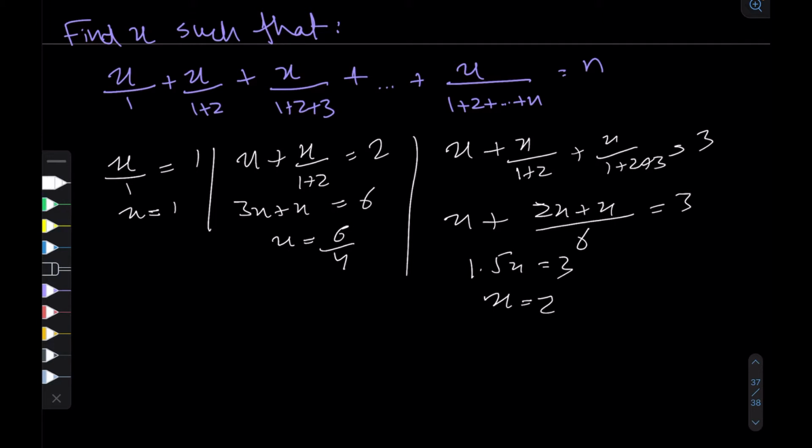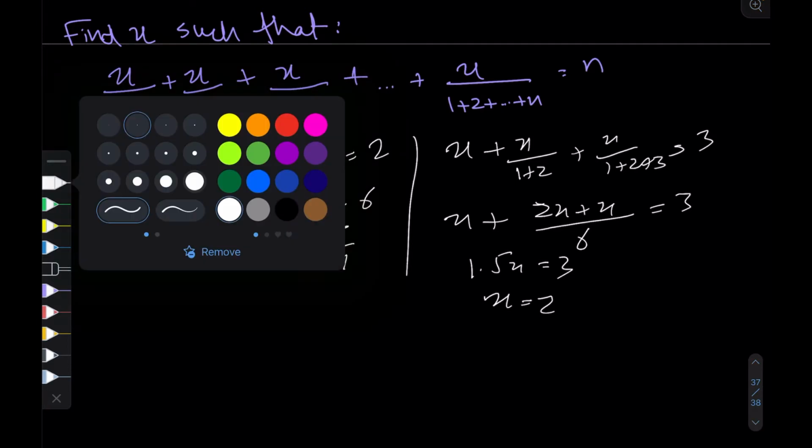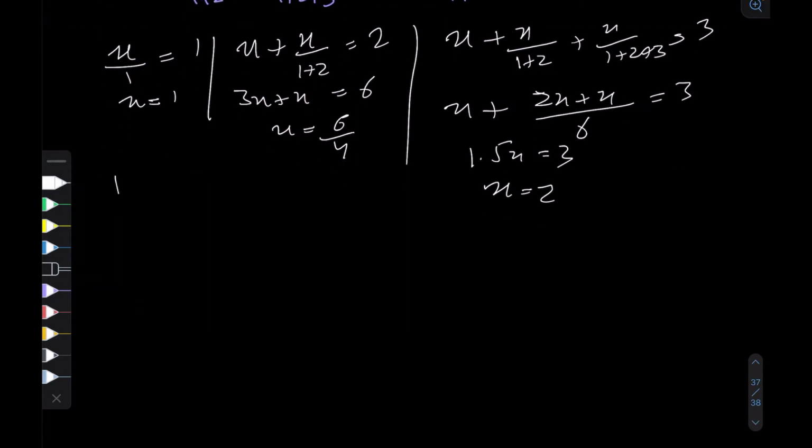And the first thing that I'm going to do is try to make the denominators something a little bit easier to work with, because right now they're not something that you can directly work with. If you have 1 plus 2 plus 3 all the way to some a, then this is equivalent to a multiplied with a plus 1 divided by 2.